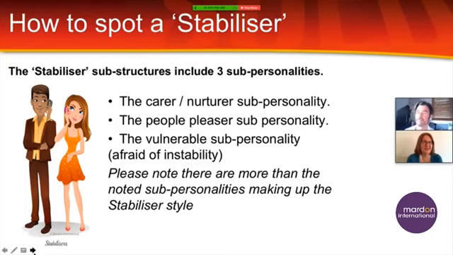Resistance. First cab off the rank for a stabilizer is resistance. If it's not broken, why do we need to fix it? Even if it could be better or more efficient, it's okay the way that it is.